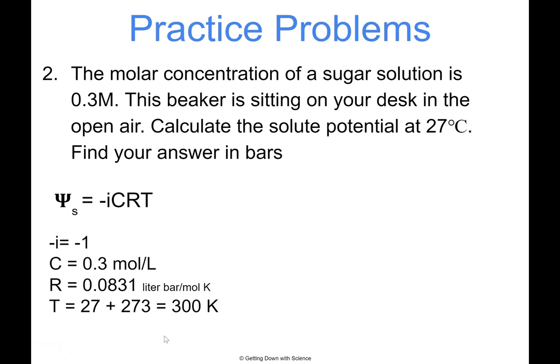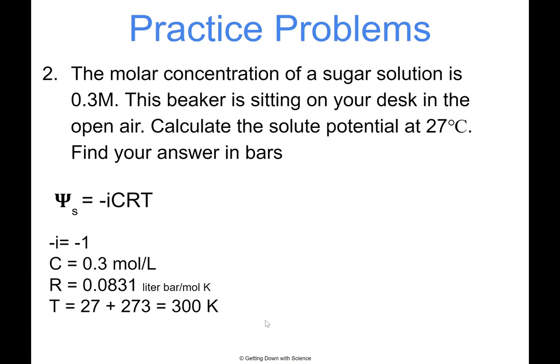The C is 0.3 moles per liter; we were given that. For R, why did I choose the liter bar? Because it said find answers in bars. And the temperature, we take 273 Kelvin plus the 27 degrees Celsius, and we get 300 Kelvin.